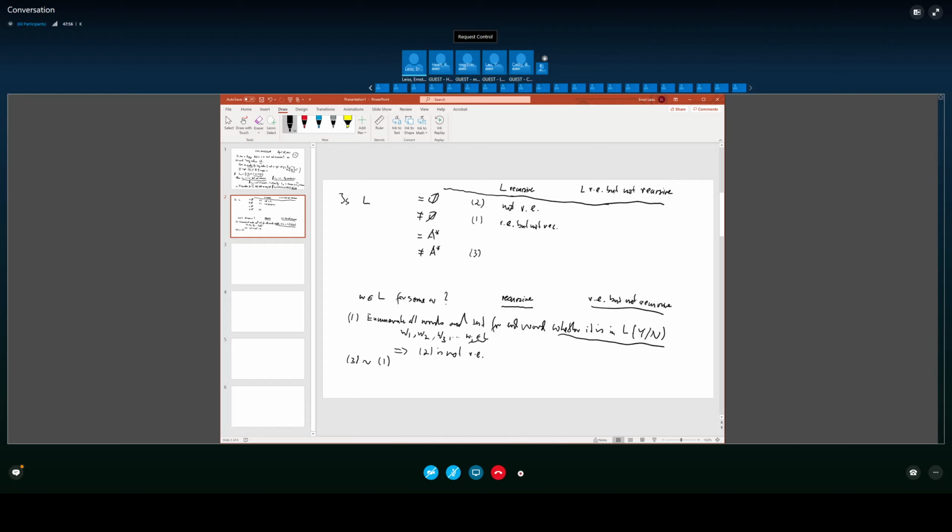In this case, of course, we're interested in a word that is not in L rather than a word that is in L. So we continue testing, and as long as we have a word that is in L, then we go on to the next one until we find a word that is not in L, in which case we can immediately say this is RE but not recursive.